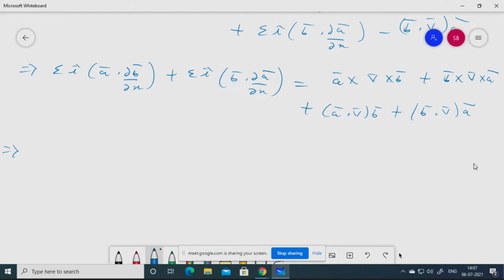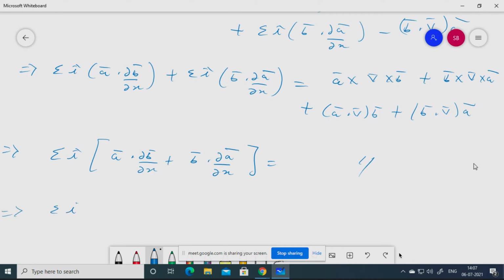Now again from here, this part I can write as summation i. This whole thing I will write at once, that is A bar dot ∂B bar by ∂x plus B bar dot ∂A bar by ∂x. Can I? And remaining things as it is on the other side. So again this is summation i.